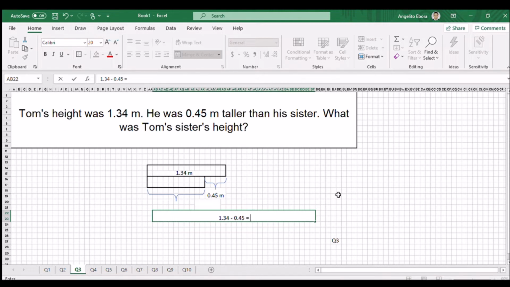So 1.34 minus 0.45. Right? So you already have the answer. The answer is 0.89 meters. So Tom's sister's height was 0.89 meters.